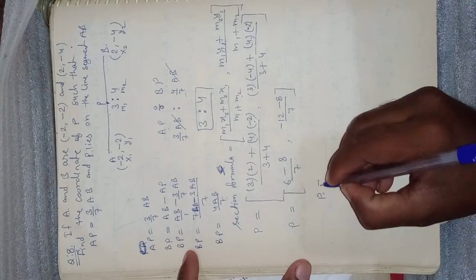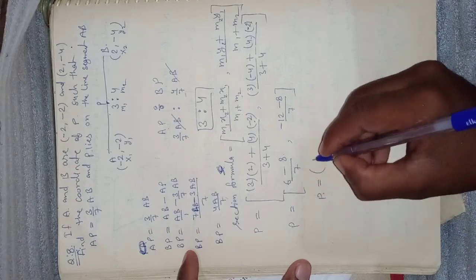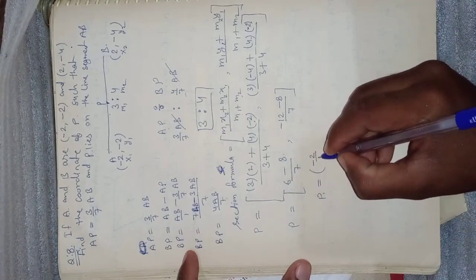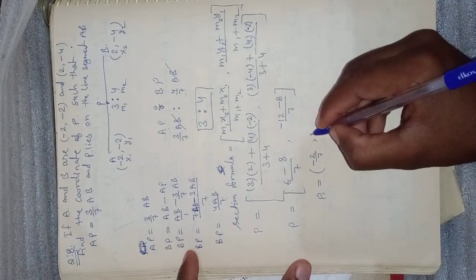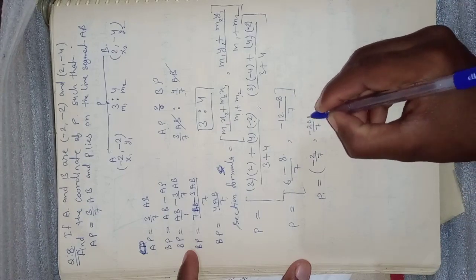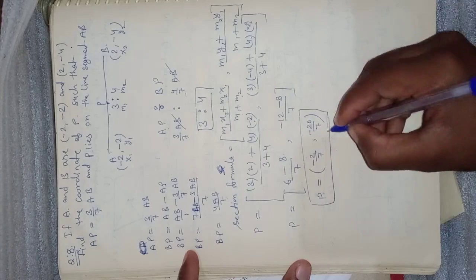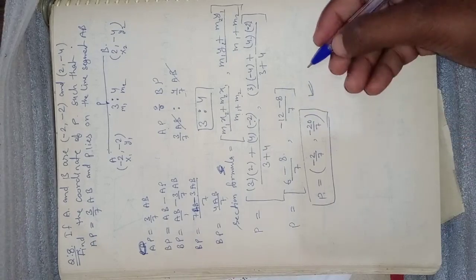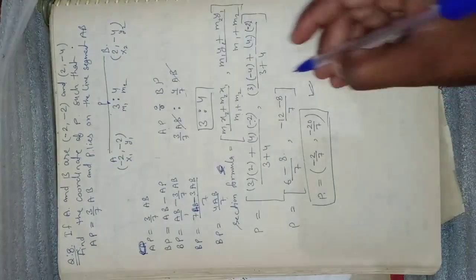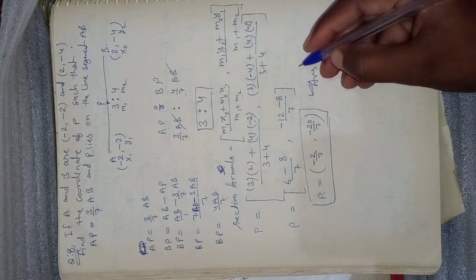So P is equal to (6 minus 2) which is minus 2 upon 7, comma, minus 20 upon 7, and this is the coordinate of P. Find the coordinate of P is our answer.